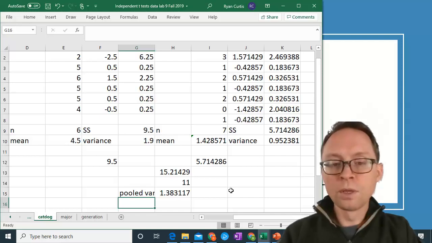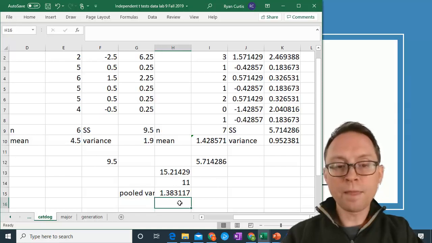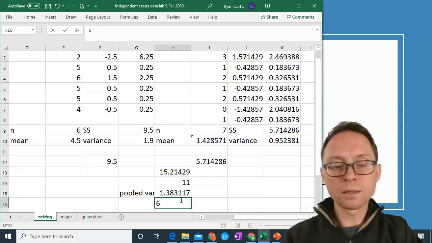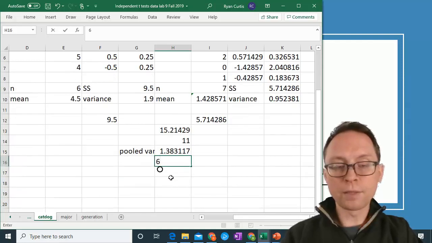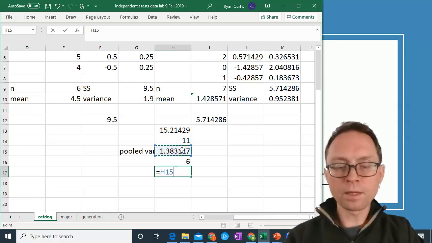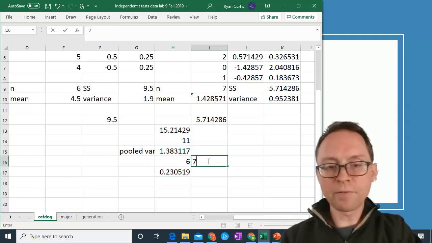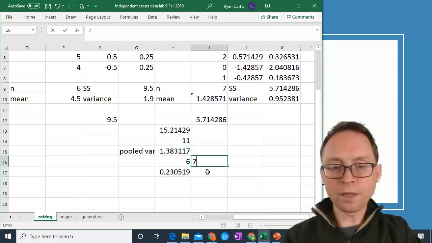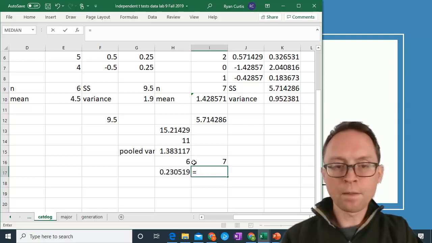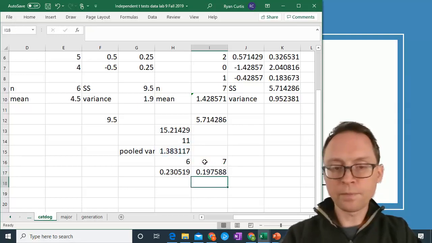So let's do the denominator first. So the pooled variance divided by 6, which is n sub 1, is going to be this divided by that. And then the pooled variance divided by 7 is going to be this divided by that.